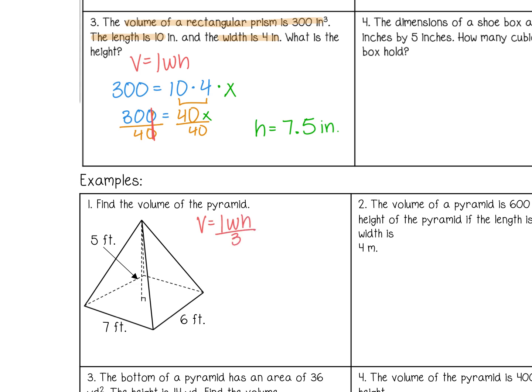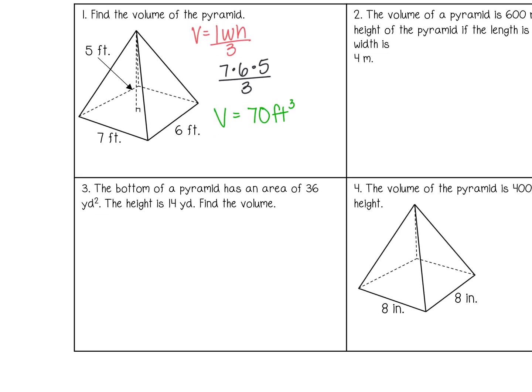Plugging in what I have. They're giving me my length, they're giving me my width, and they're giving me my perpendicular height. So plugging in, I have 7 times 6 times 5. Everything divided by 3. And if it was plugged in correctly, it should be 70 feet cubed.